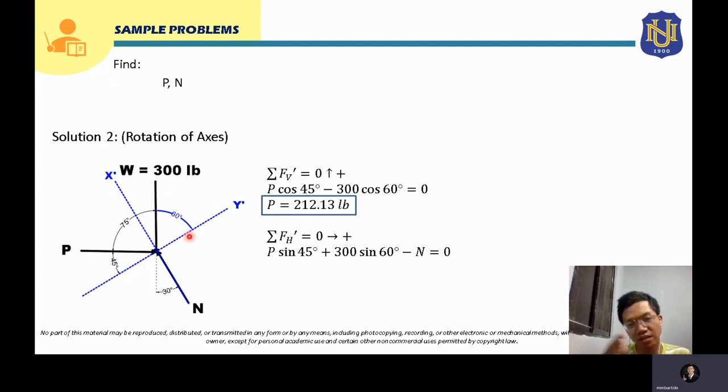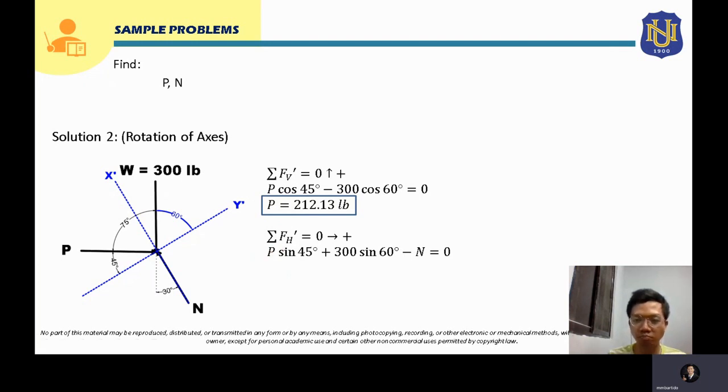Since it is directed to the right, this will be positive here. Now for our normal force N, it will be negative since it is directed to the left, and it will be equal to 0. So we can directly solve for N since we already obtained the value of P.